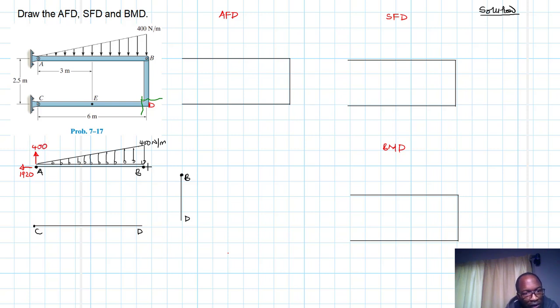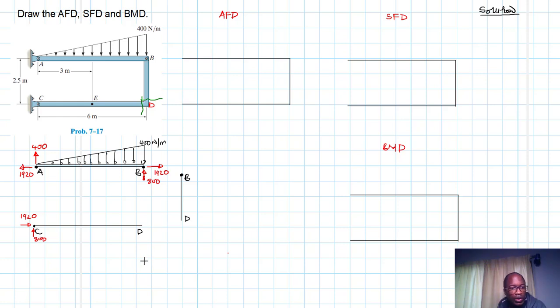And on this side we expect to have the same 1920 for equilibrium. Then here at B we have 800, like so. And then at C we also have a 1920, and we also have an 800.